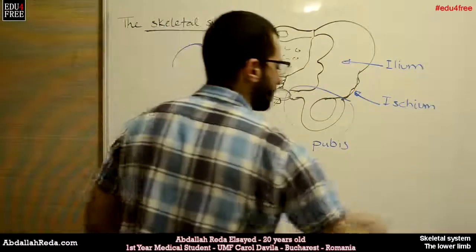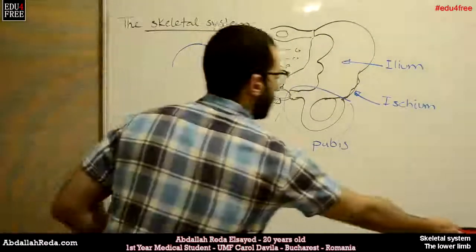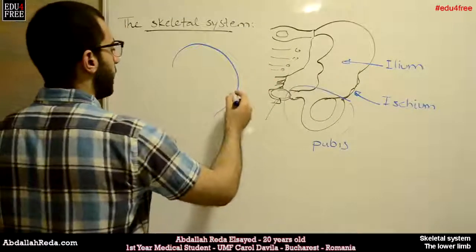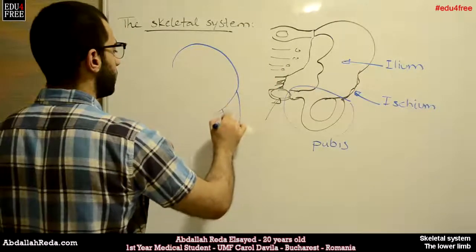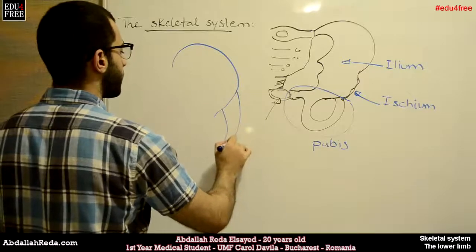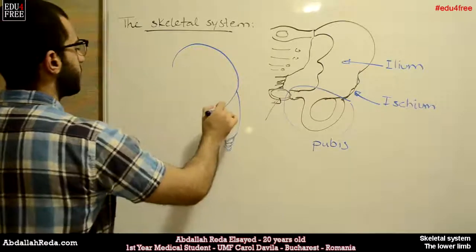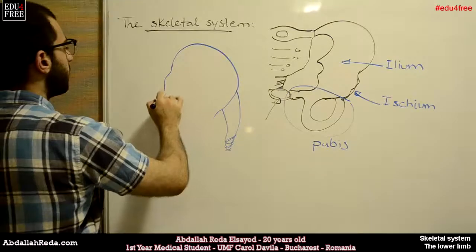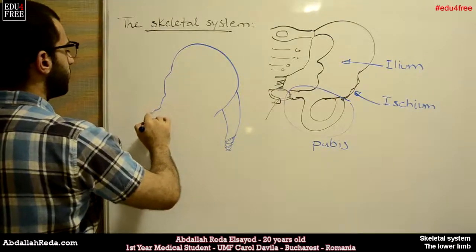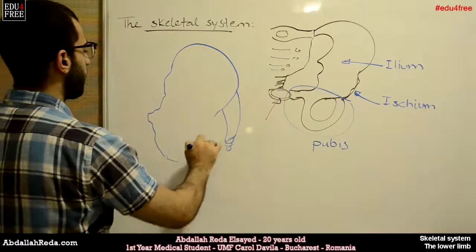Now, if we have a lateral view, we will see that here we have the ilium, and this would be the sacral vertebrae and then the coccyx.